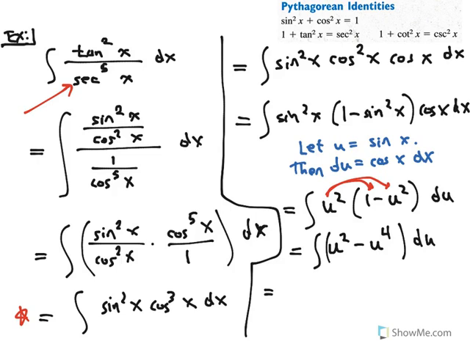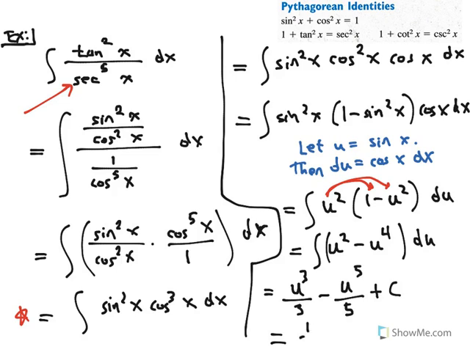And now I can integrate using the power rule for integration, and I will have u to the third over 3 minus u to the fifth over 5 plus c. And finally, I go back to x. My substitution is let u be equal to sine x.